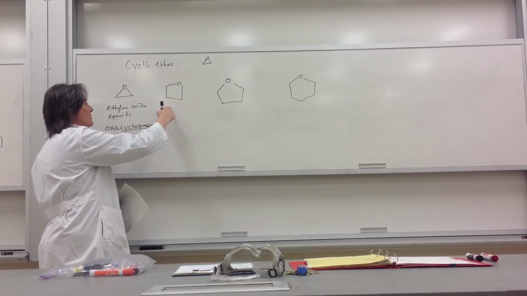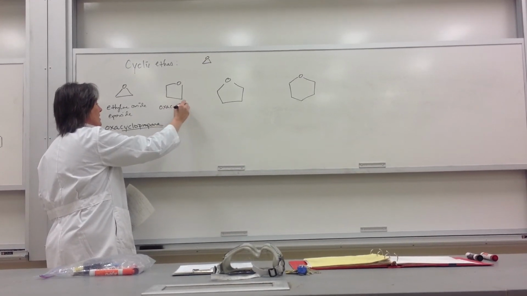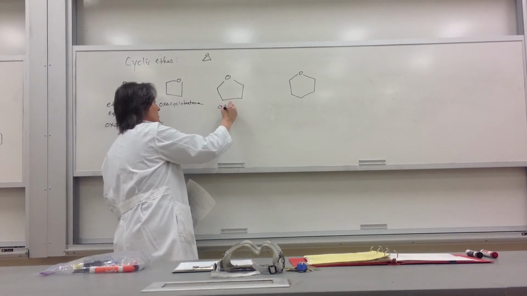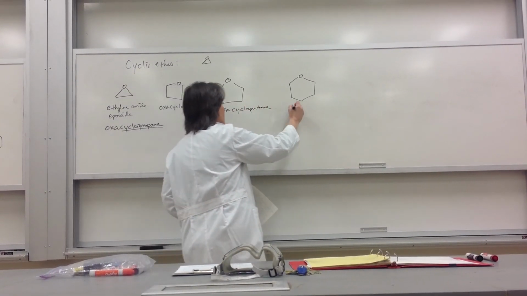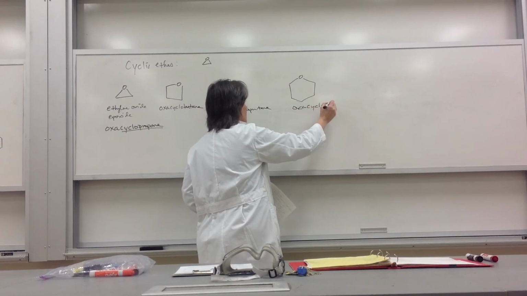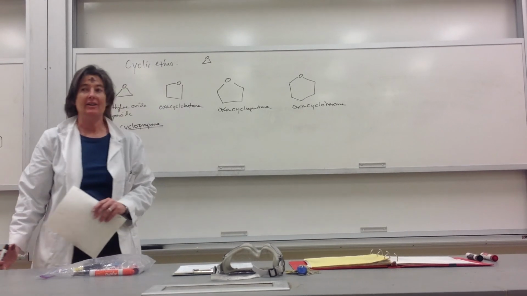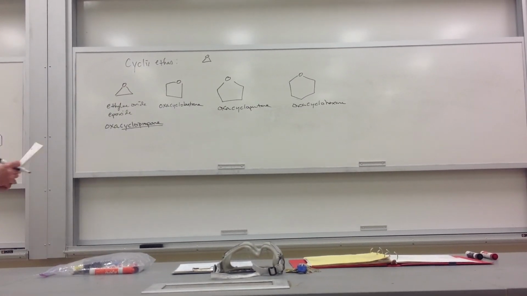Applying that to this, what would you call this? Oxacyclobutane. And it doesn't take too much to keep going on. Oxacyclopentane, oxacyclohexane. Okay? You may see that. You may also see this.